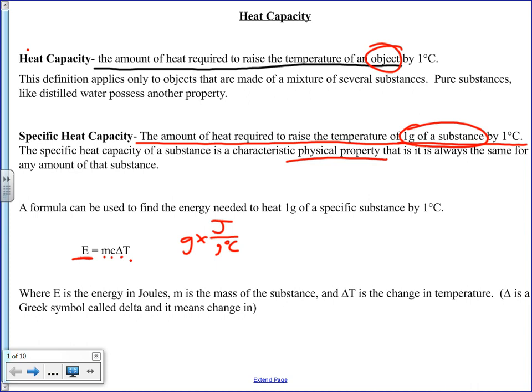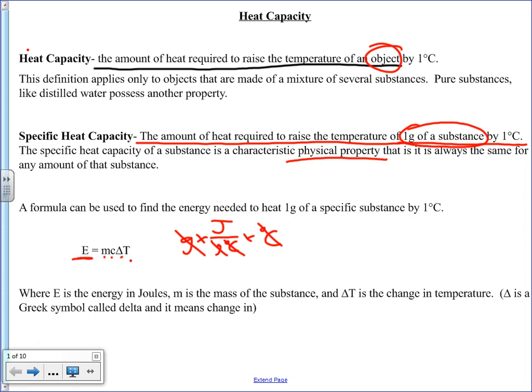So I'm taking grams, multiplying it by joules per gram degree Celsius, and then multiplying by degrees Celsius. So, grams cancels, degrees Celsius cancels, and I'm left with joules. Is that the unit for energy? Okay, then I'm good.